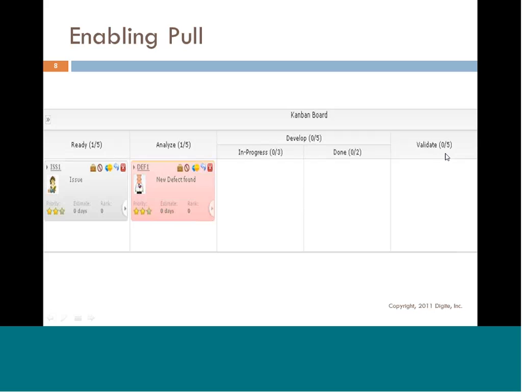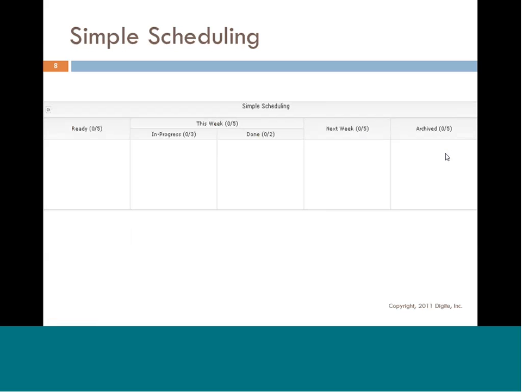Okay, so that is a small piece of information which will be very useful when we design our board. We've been asked a number of times how you schedule or plan using Kanban. We have seen a number of ways in which people use the Kanban system to do scheduling.